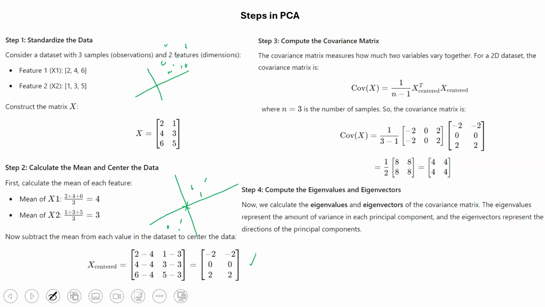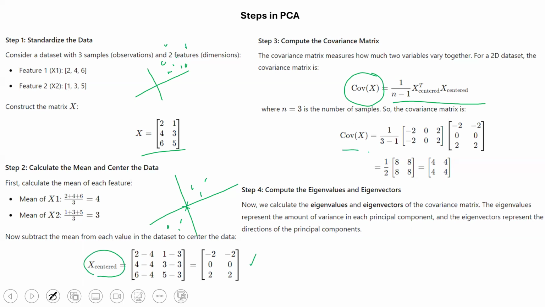And then to get the principal components, you have to get the eigenvectors and eigenvalues of the covariance matrix, right? So you have to calculate the covariance matrix, and you know the formula for it, right? From X, I already showed you the proof: X transpose X, centered. So this is our new centered matrix.